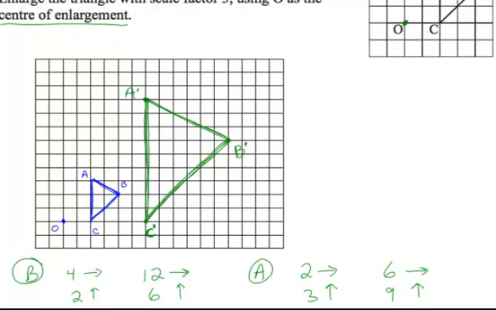Well, what this means is that from O, I'll use a different color, from O we've enlarged. It's our center. So things have all sort of enlarged out from O. If you can visualize that, things have all enlarged out from O.